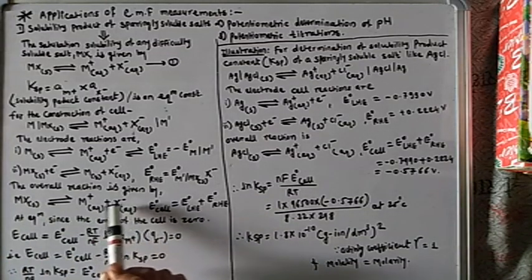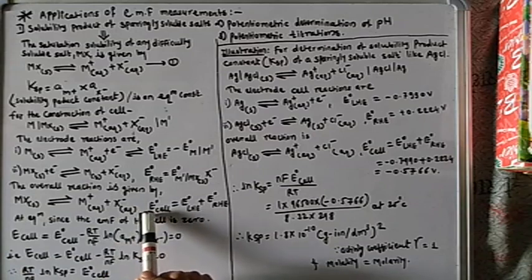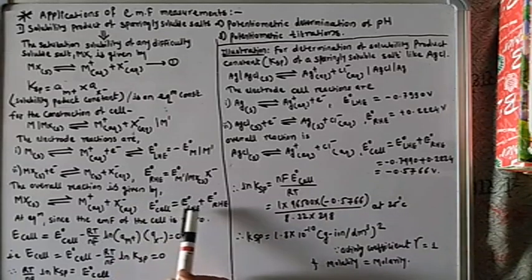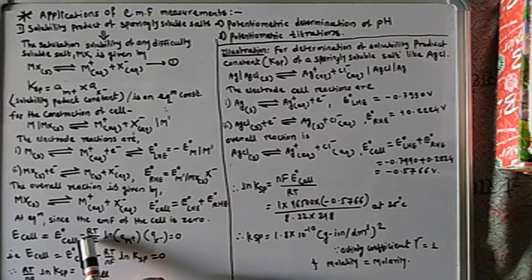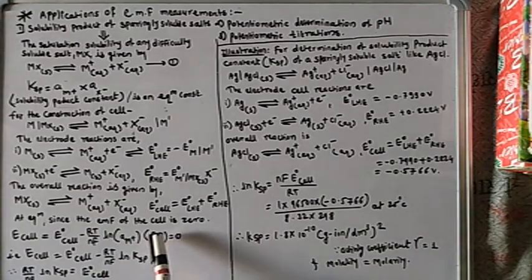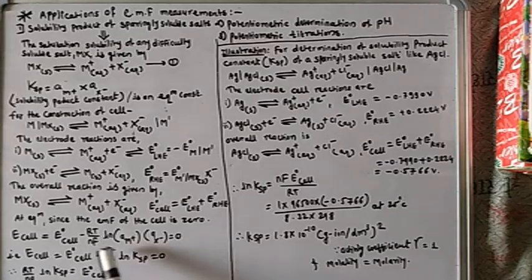So E cell equals E standard of cell minus RT upon nF ln of a of M+ into a of X-, and this whole EMF of the cell equals 0.